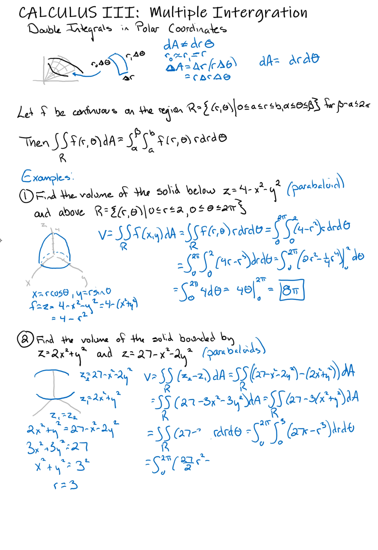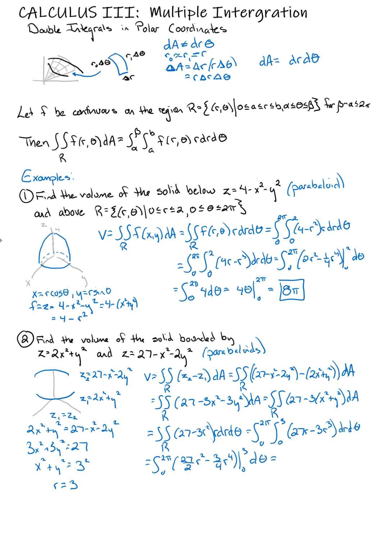That's minus 3r cubed now. Okay, so now when we integrate, that's going to be 3/4 r to the 4th, which we will evaluate from 0 to 3 and then integrate with respect to theta.